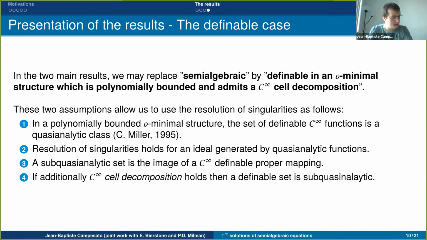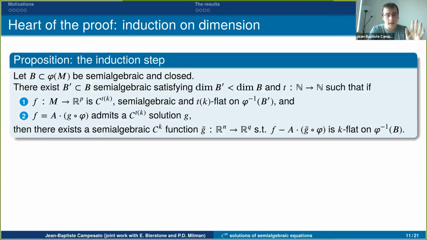Okay, so let me explain the main ideas of the proof of the common generalization. I won't give full details. I will only give some ideas, and also I will insist on the places where the loss of differentiability is involved.